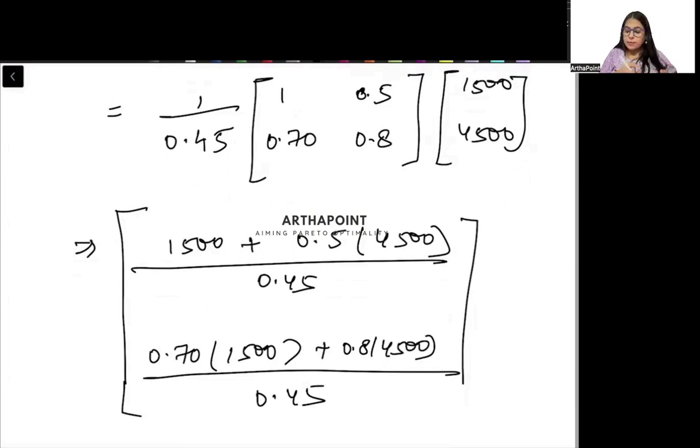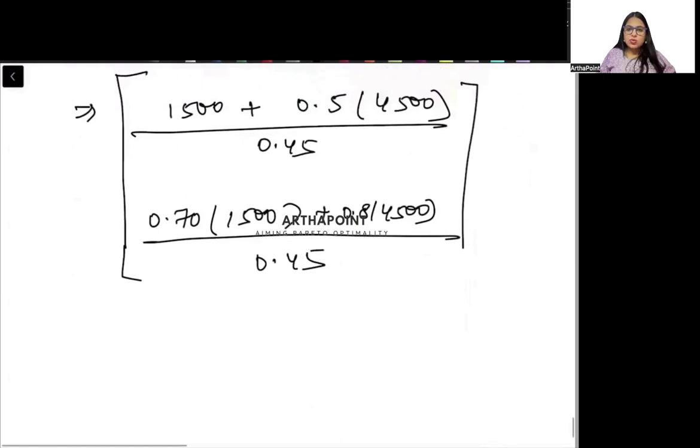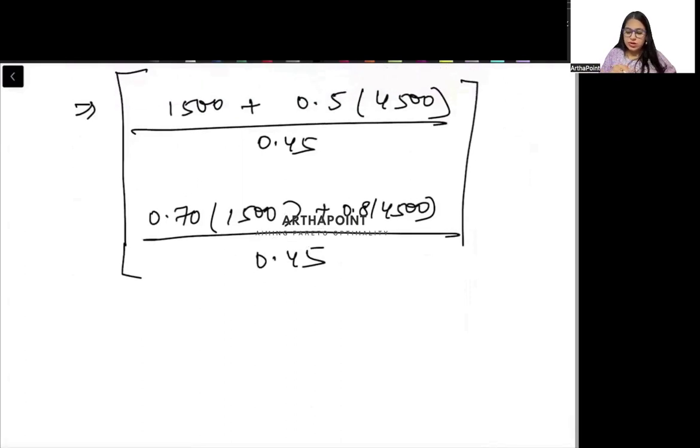That is very useful. You will not have time for this calculation in the exam. So 4500 into 0.5 plus 1500 divided by 0.45. This will give you 8333.34.